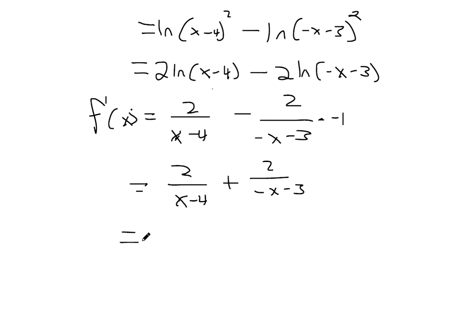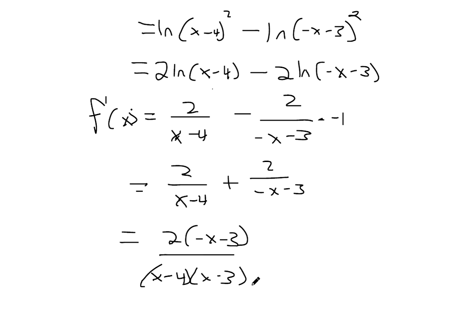But let's do what they did with the answers last time. Let's get common denominators. So I'm multiplying the top and the bottom of the first fraction by negative x minus 3, and then the top and the bottom of this fraction by x minus 4.